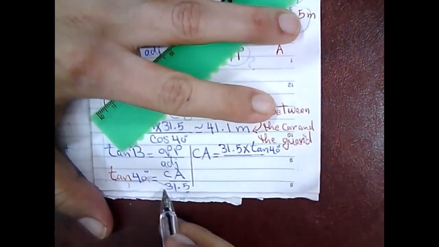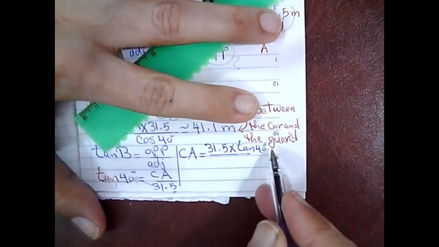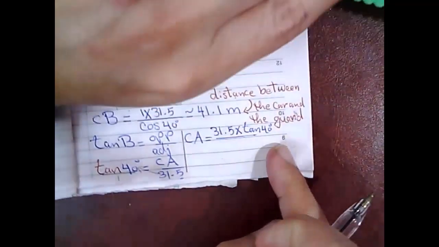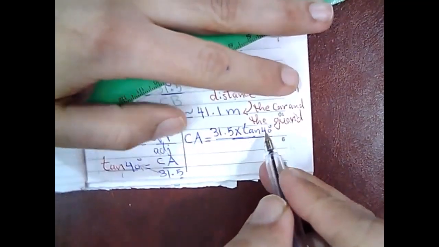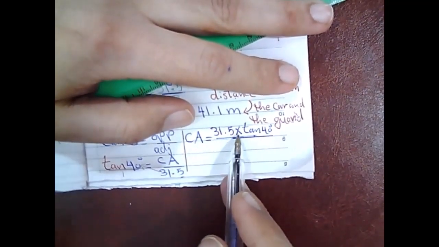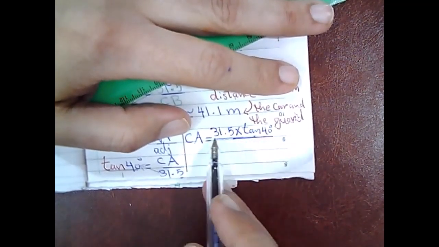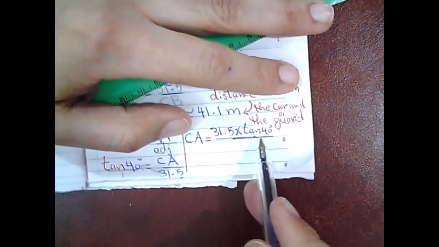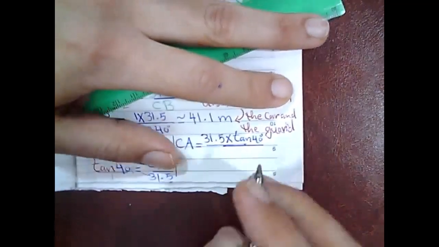And notice I wrote the number first before the tan, because I don't want to say tan 40 times 31. I don't want two numbers to be written next to each other and you get confused, because this tan 40 is one thing together, and this 40 is not by itself. It is an angle that is stuck with the tan. So if you have a number multiplied by a trigonometric ratio, I prefer to write the number before the trigonometric ratio, because the trigonometric ratio will have an angle inside it. You don't want to mix the angle with the number. So 31.5 times tan 40 divided by the third number, which is 1.